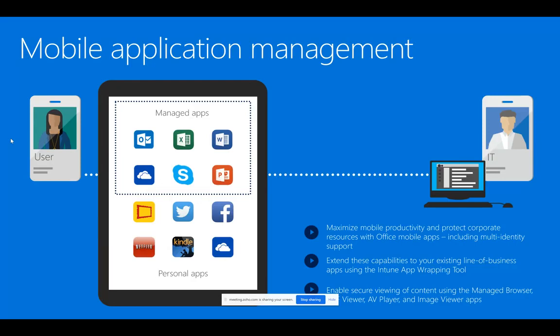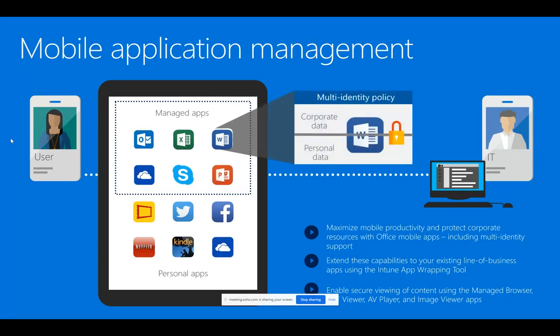So while these kind of policies can be implemented, it is an excellent functionality to know that a Word application or an Excel application itself would be intelligent enough to identify whether the file that is being accessed is a personal file or whether it is a corporate data.